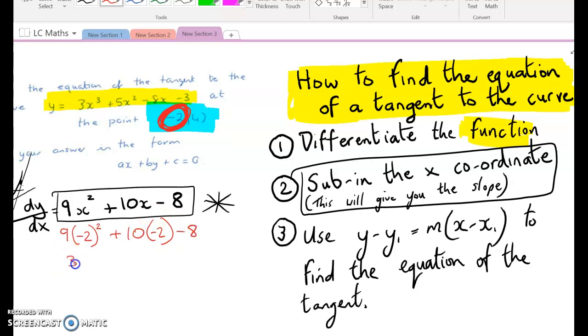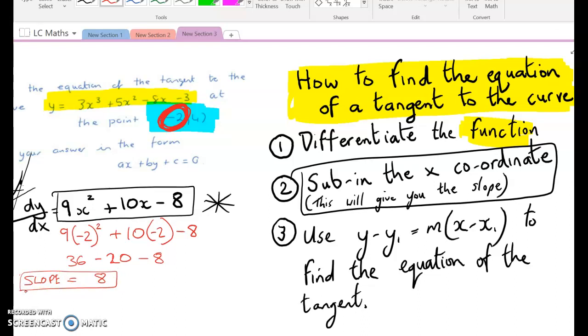That will give you 36 minus 20 minus 8. Gives you 8 overall. Now, what we just did there was we actually found the slope.